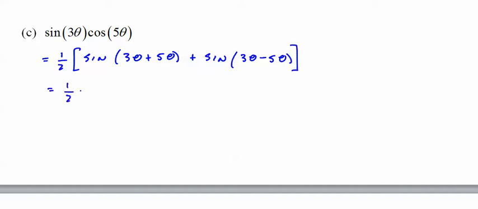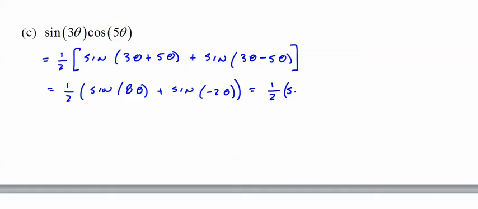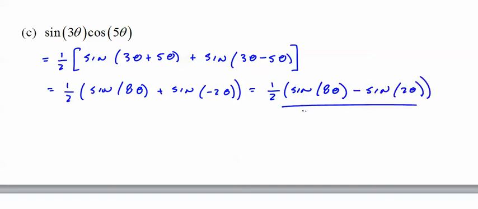One half sine of 8 theta plus sine of negative 2 theta. And hopefully you have a little bit of intelligence working for you here, and you say, hey, I've seen that before. I could write that as 1/2 sine of 8 theta minus sine of 2 theta, because I can yank that negative out front. Hey, I learned something.